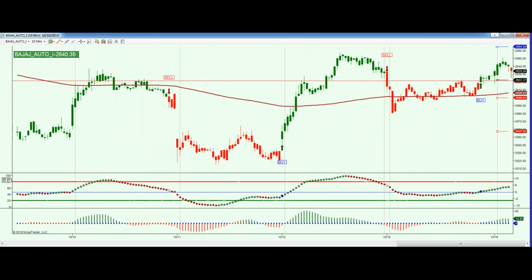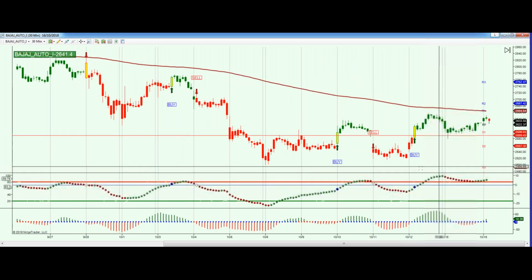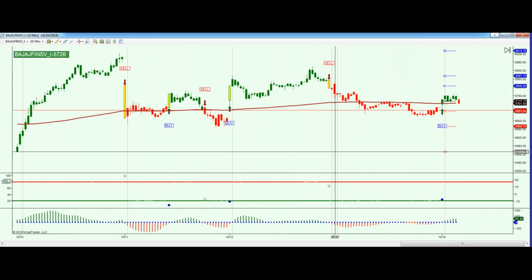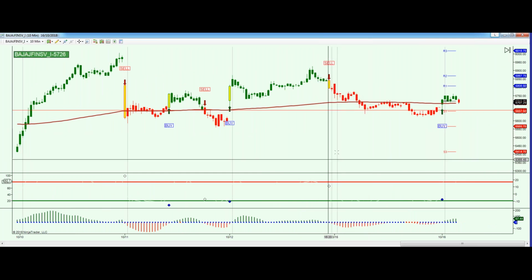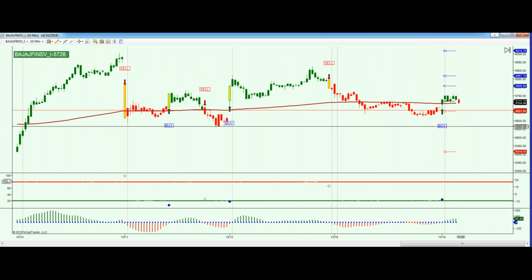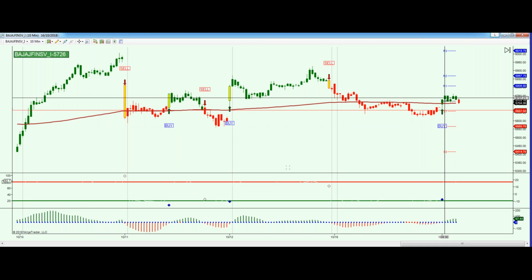So that's Bajaj Auto. That's Bajaj Finserv. I had a sell call that did not get triggered, but I have a buy call which I missed, so I did not type it there.